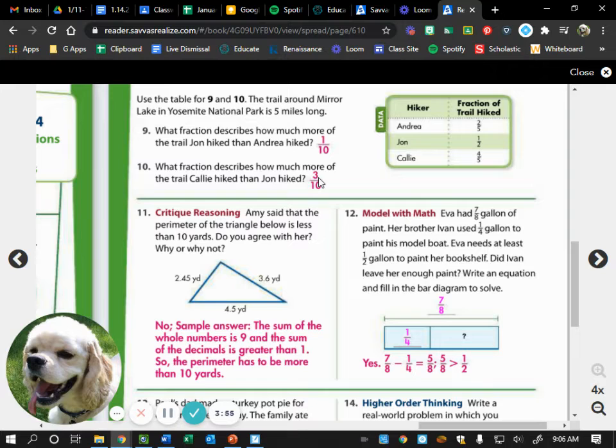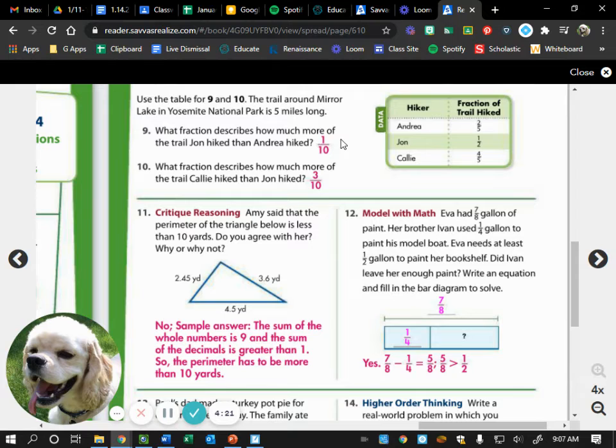So we would have taken John's fraction, which is 1/2, and subtracted 2/5 from it. So 1/2 minus 2/5, which if we convert them, we would find the least common denominator, which is 10. So 2/5 would have become 4/10, and 1/2 would have become 5/10. So you would have had 5/10 minus 4/10, and so your answer should have been 1/10.